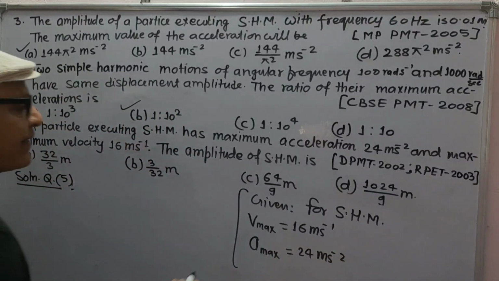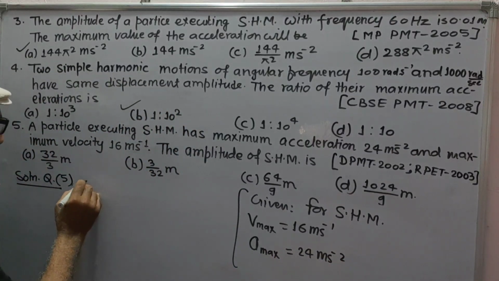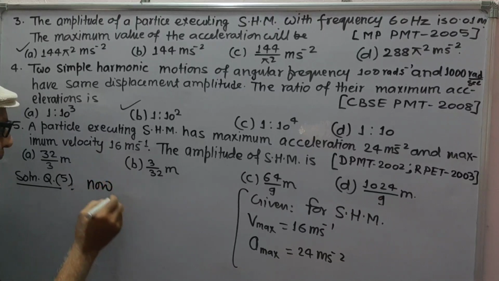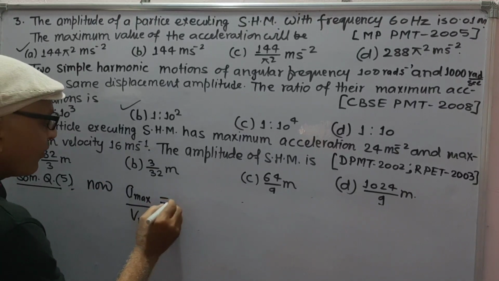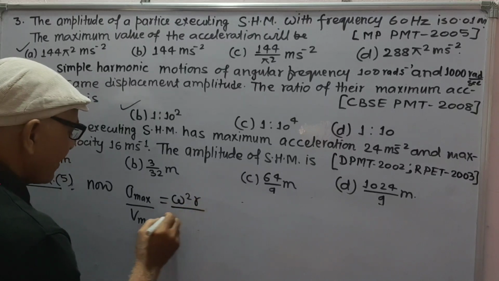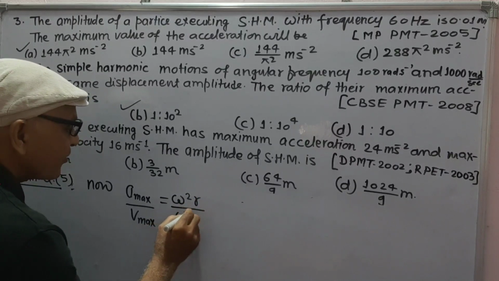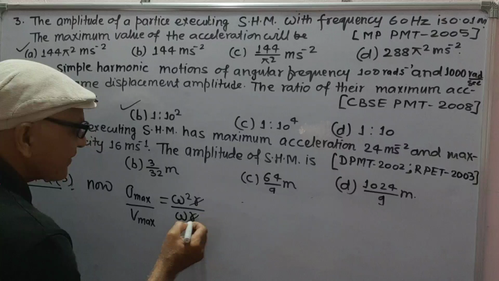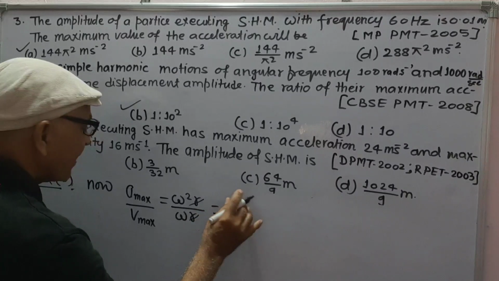Then we have to find the amplitude. Now A max is omega square into R, V max is omega into R, so R cancels out and we get omega.